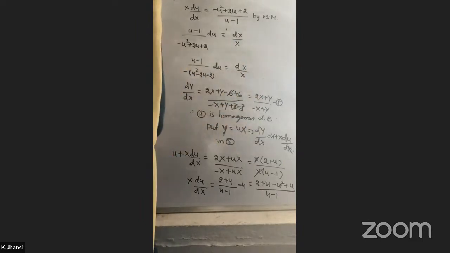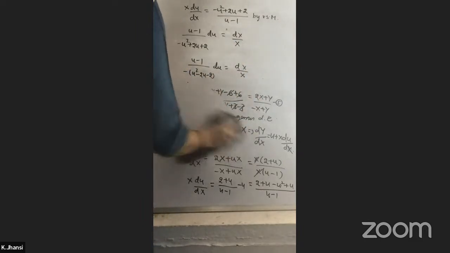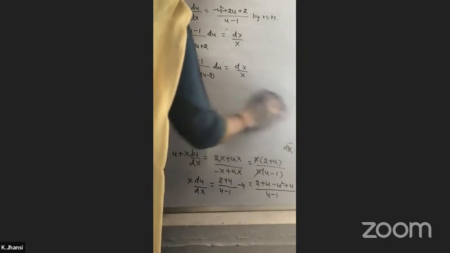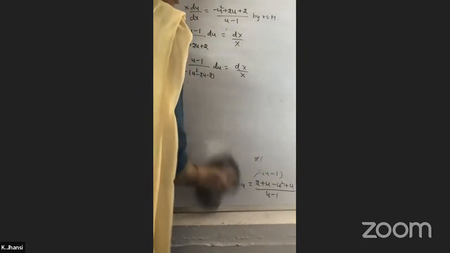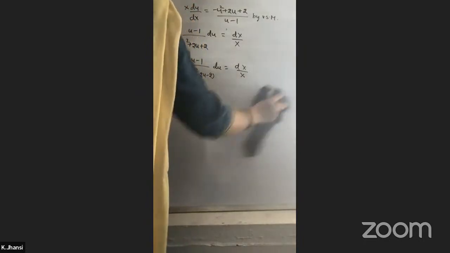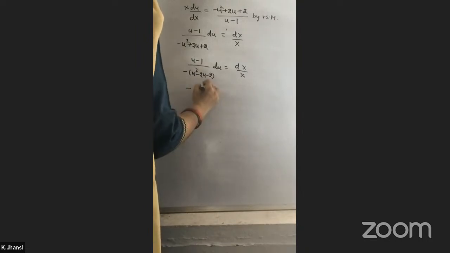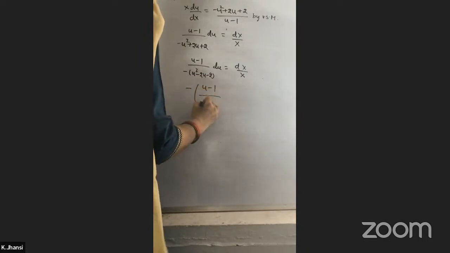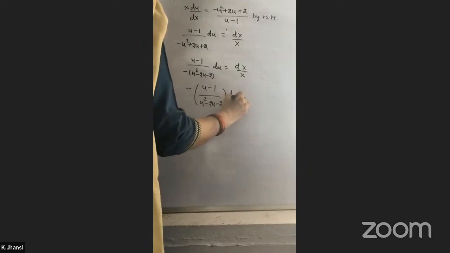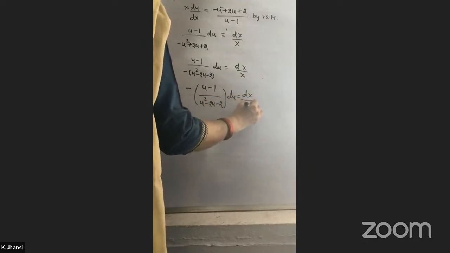After this step you write, minus, you take it as a numerator, so it will be minus of minus 1 by u square minus 2u minus 2 du is equals to dx by x.